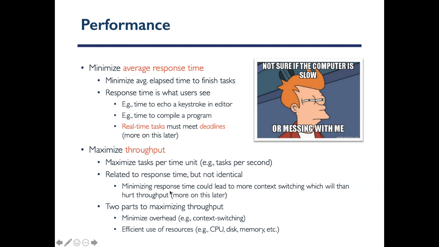So throughput remains as is. For the same set of tasks, for the same duration, you just change the order of your tasks and you get a better average response time. Again, throughput unchanged, average response time in one is better than the other. So there are relationships between maximizing throughput and minimizing average response time, but they're not directly connected.